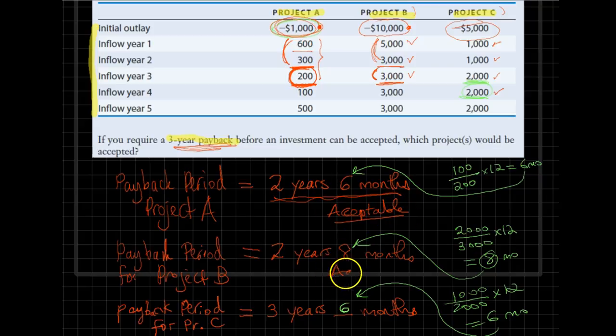The same with project B, acceptable. However, project C has a problem. We need to recover our investment within 3 years, but in the case of project C, that's more than 3 years. So as such, we reject project C. Bottom line, projects A and B are acceptable, but project C is to be rejected.